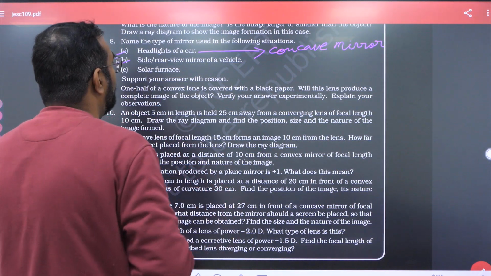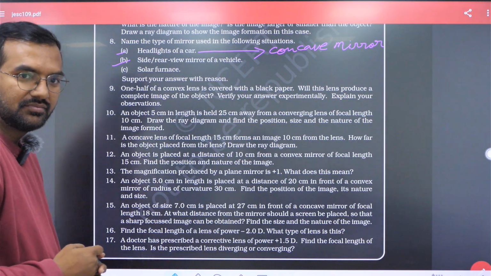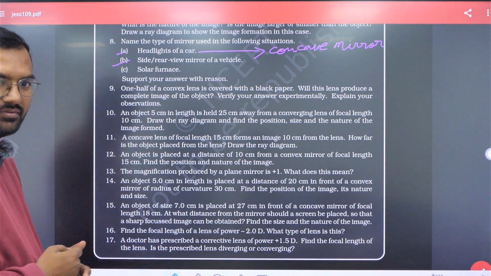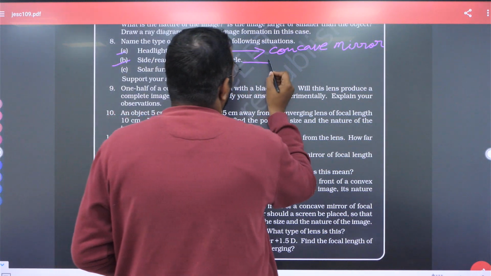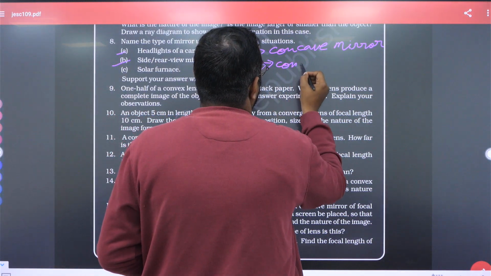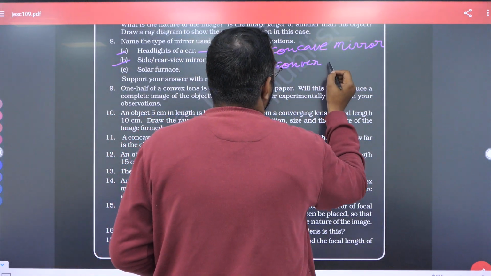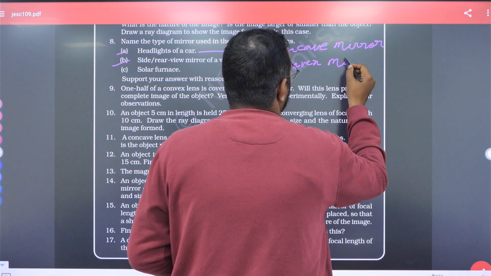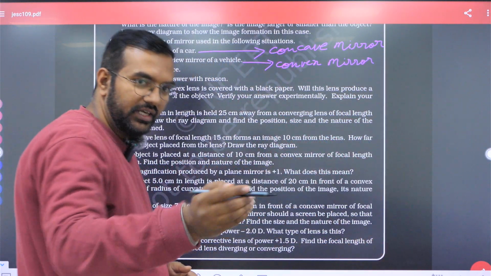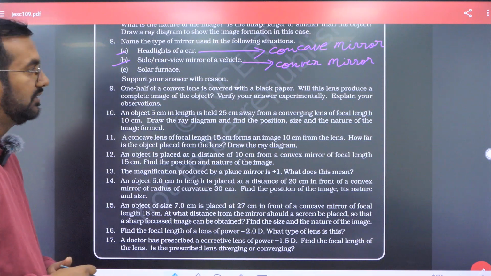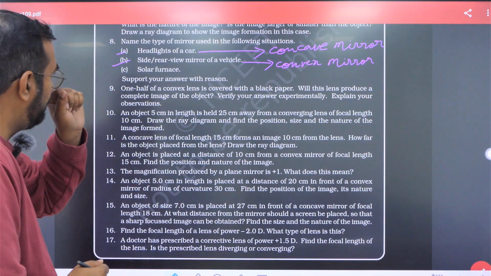Side and rear view of the vehicle is convex. Convex mirror. Okay. In this question you can mention the reason you were mentioning before.